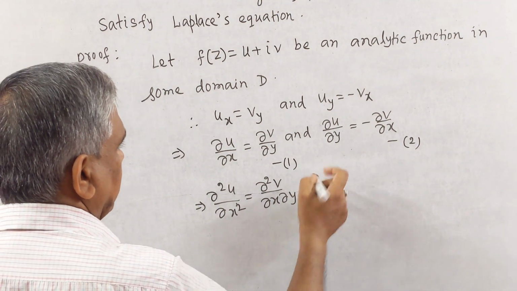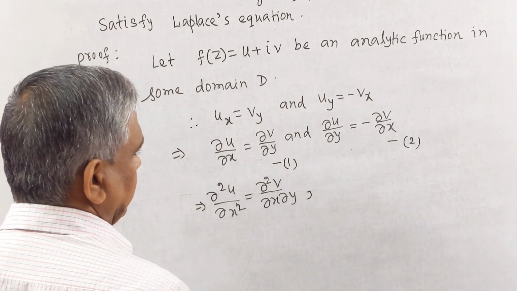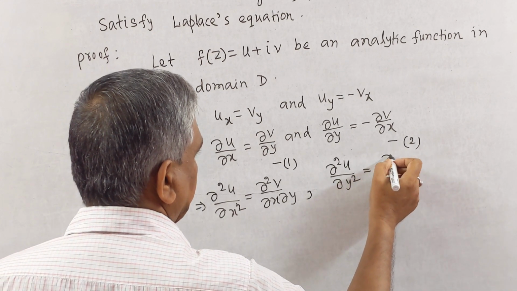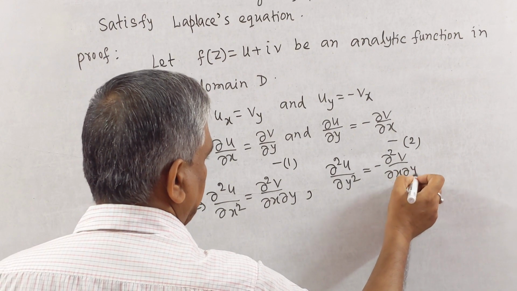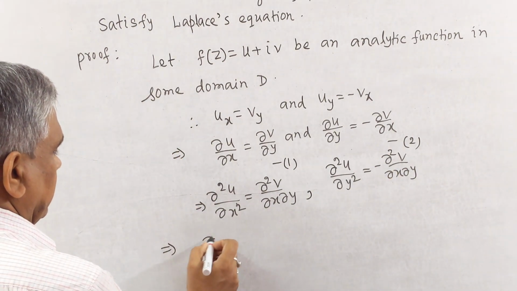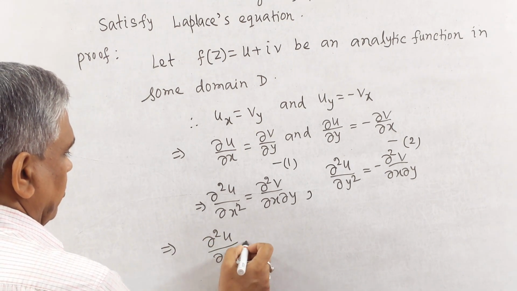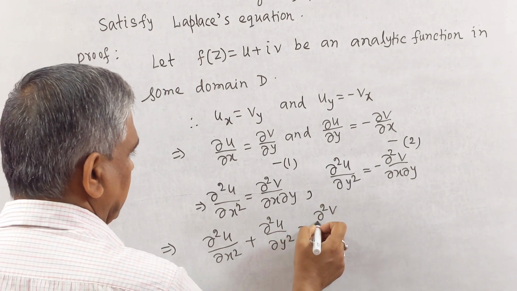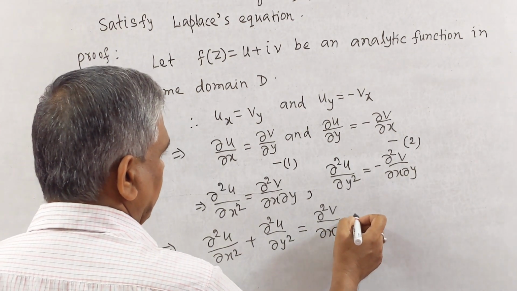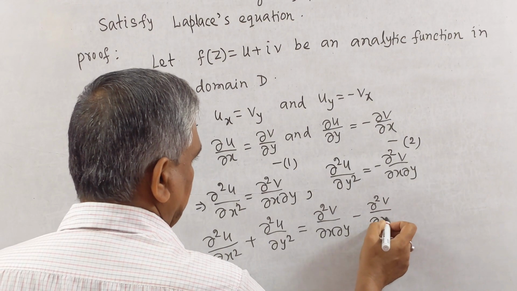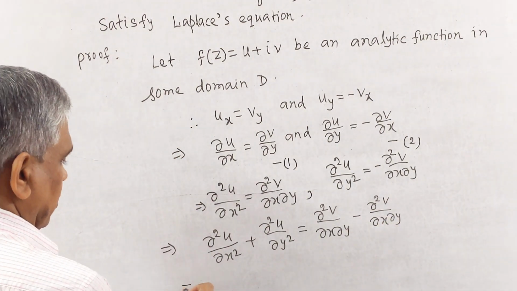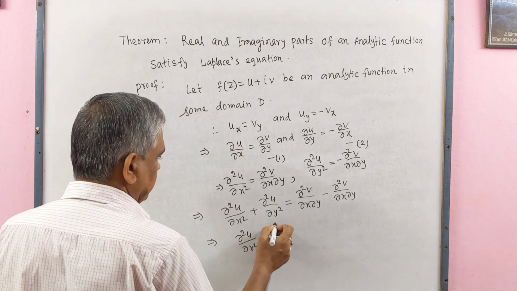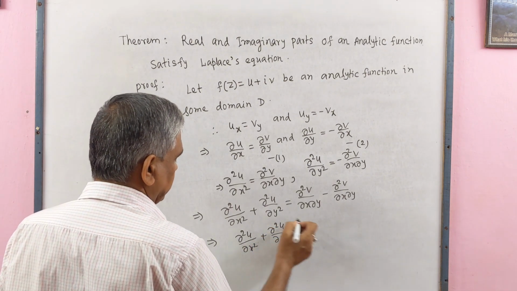Again differentiating 2 with respect to y partially, ∂²u/∂y² = -∂²v/∂x∂y. This implies that ∂²u/∂x² + ∂²u/∂y² = ∂²v/∂x∂y - ∂²v/∂x∂y, which implies that ∂²u/∂x² + ∂²u/∂y² = 0.